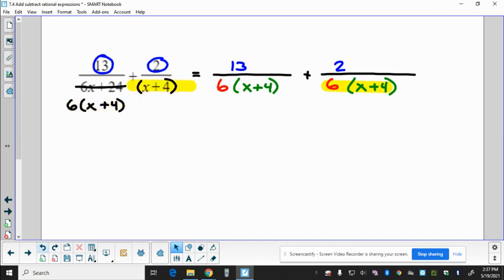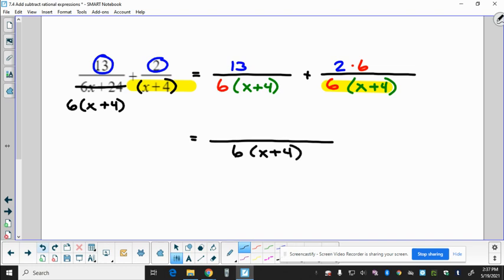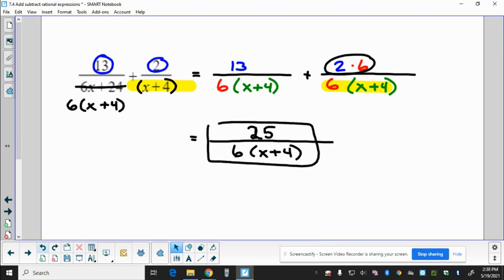A 6 is, right? Multiply by 6. I think we are prepared for our final answer. This is 12 in it, so 13 plus 12, 25. Now, if 25 and 6 had a common factor, we could reduce them, but they do not. Let's go on to the next problem.